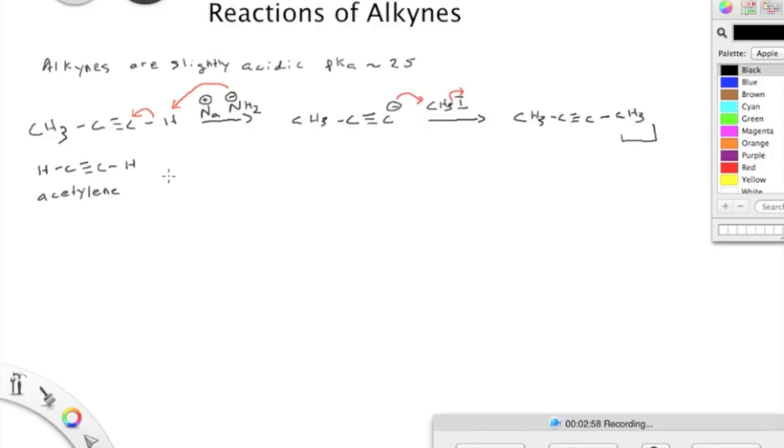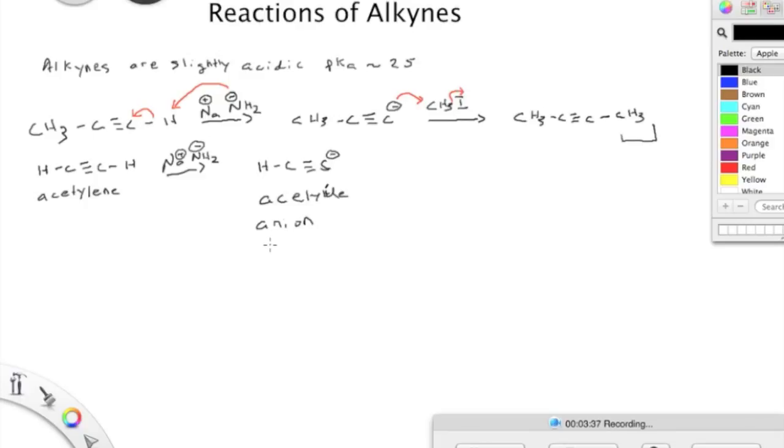And if you deprotonate this, you end up with the acetylide anion. Which looks, again, just like what we talked about. So your acetylide anion. Should be an I right there. So here you have your acetylide anion, and this is somewhat nucleophilic.